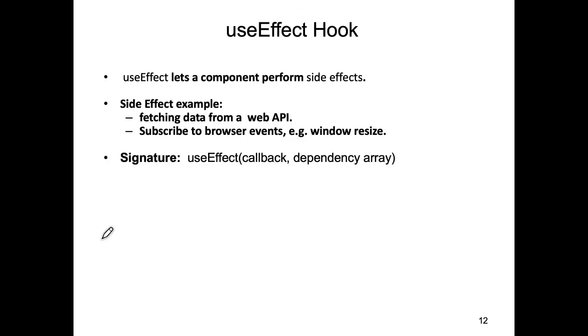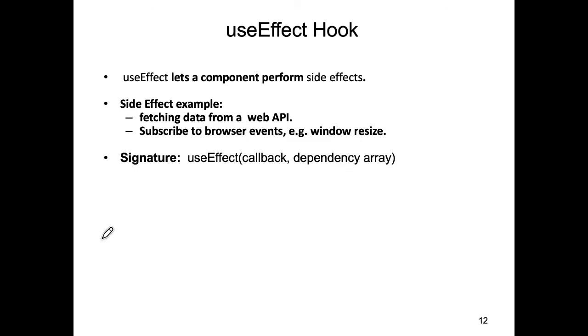Now, the useEffect function takes two arguments, and you'll notice the first argument is a callback, so useEffect is a higher order function. The callback is where we put the code that carries out the side effect that we want. In other words, the callback might make the web API call.